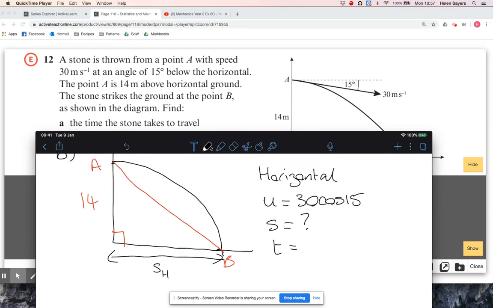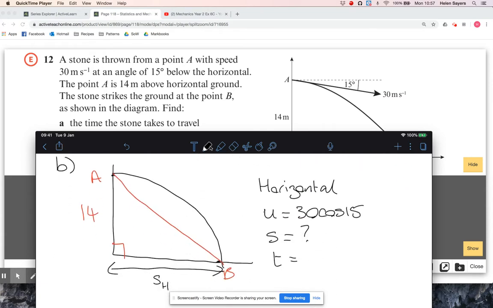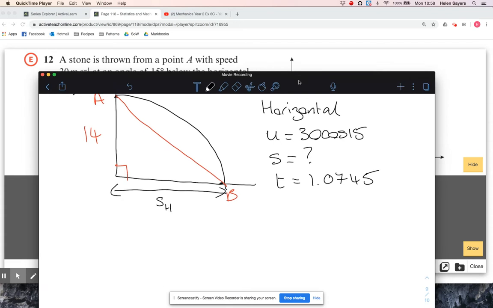Now I need to be a bit careful with time, because I've rounded time to 1.1 seconds, but as this is part of my working, I'm going to use the slightly more accurate value. I've still got it on my calculator, so let's use that. When I'm looking horizontally, we ignore air resistance, so there is no horizontal acceleration.